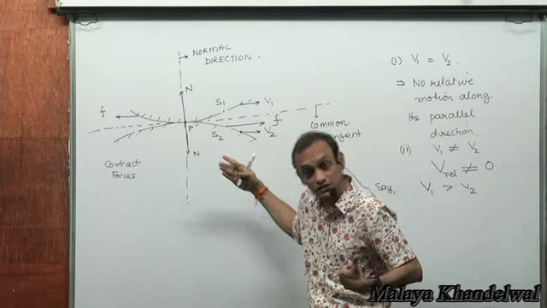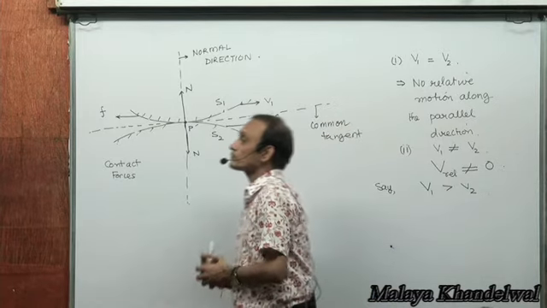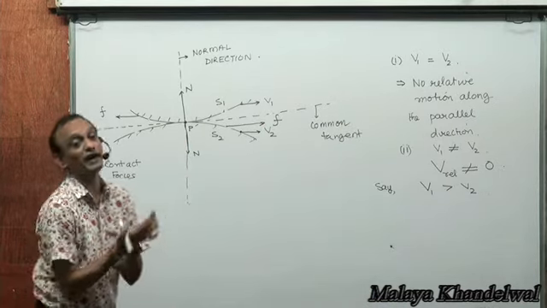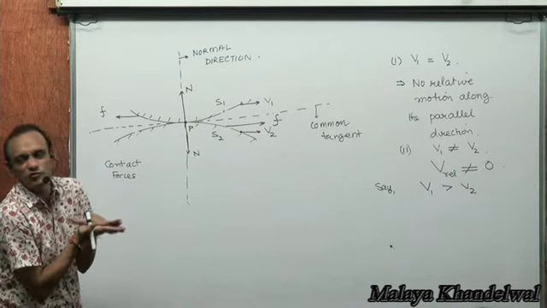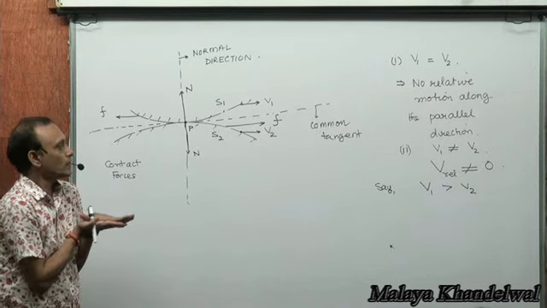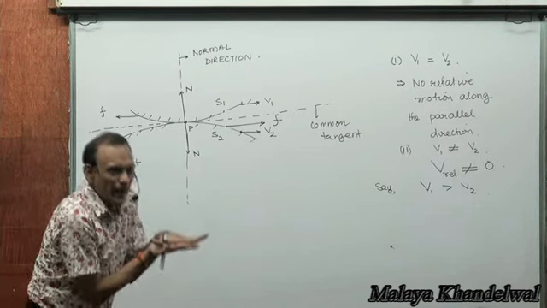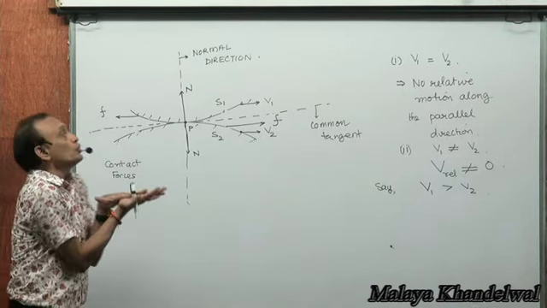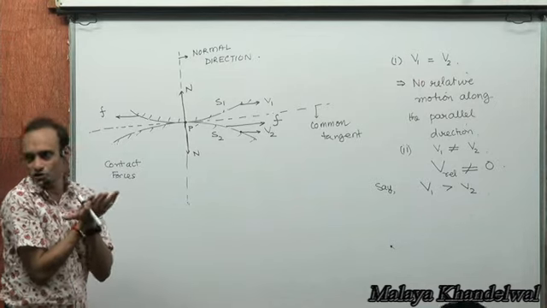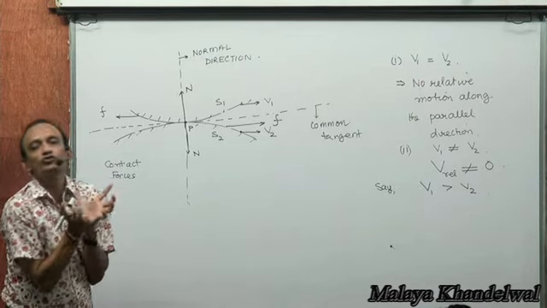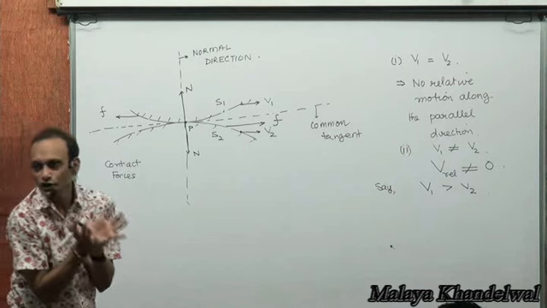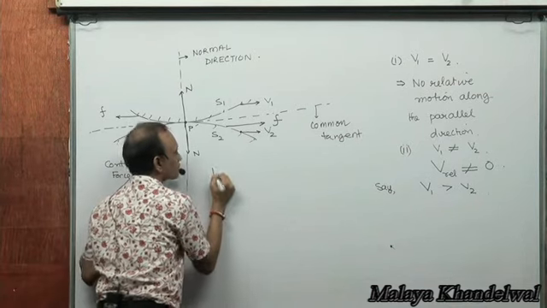And these parallel forces that they exert on each other along the common tangent direction, to bring about zero relative motion, to impose zero relative motion, are called frictional forces.